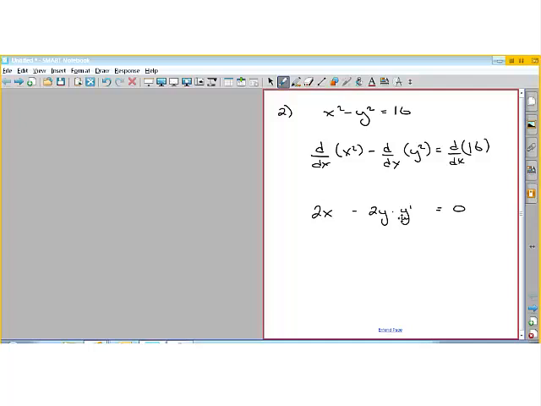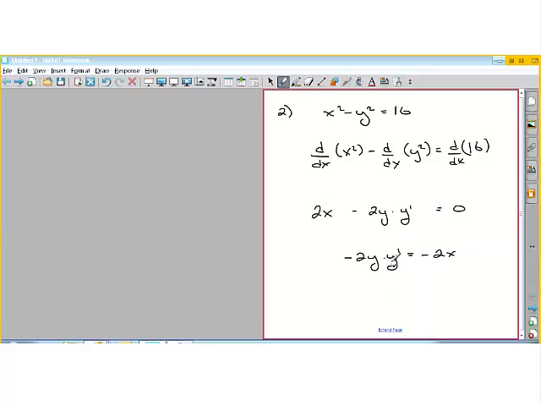And then you solve for y prime. So the thing you do is you move all the terms that don't involve y prime to the other side. So we get negative 2y times y prime is equal to negative 2x. That becomes negative when you move it over there. And then we solve for y prime.